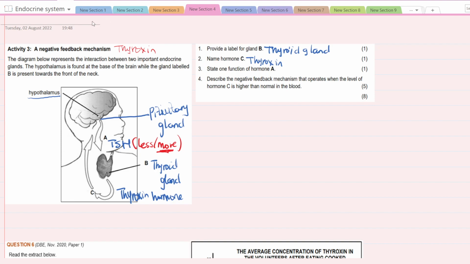So how is it going to decrease this amount? Well, the first step to decreasing, this is number 4, is that you must mention the stimulus. So the stimulus is thyroxin levels.